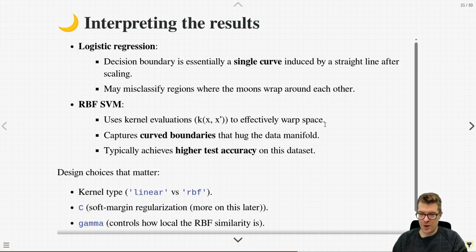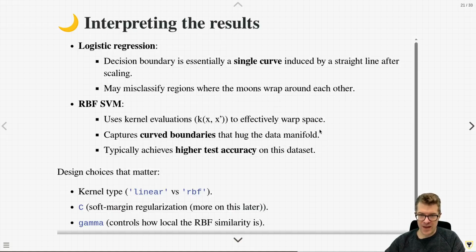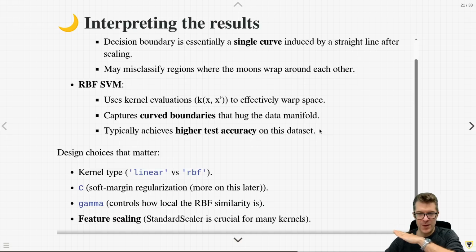So like we saw before, where we move things up into three-dimensional space using simple polynomial transformations, RBF will warp the space non-linearly. In that weird warped space, we can draw these straight lines that will separate our classes. This will capture the curved boundaries and hug the data manifold. Not romantically or anything, it'll just be very close to the separation between the two classes.